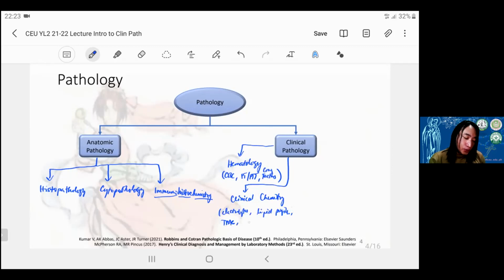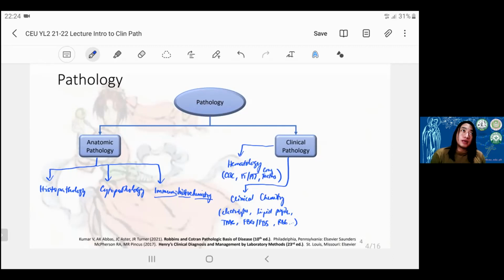This will also cover your fasting blood glucose or fasting blood sugar, random blood glucose, and your cardiac enzymes, and all your blood chemistries, as well as the chemistries of other bodily fluids.